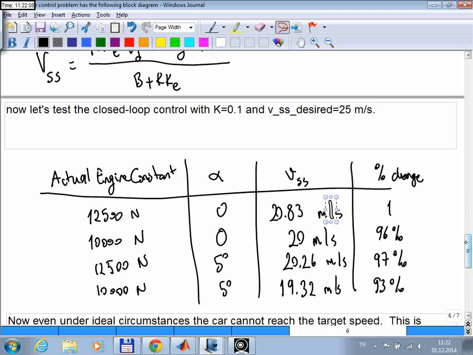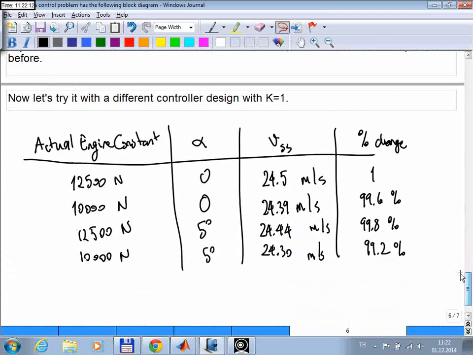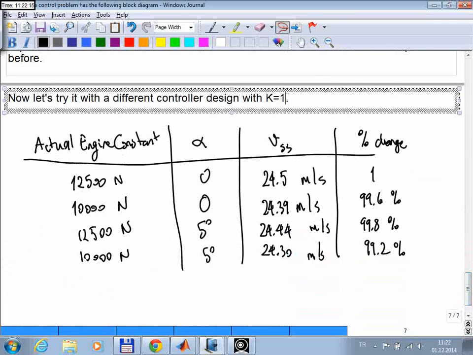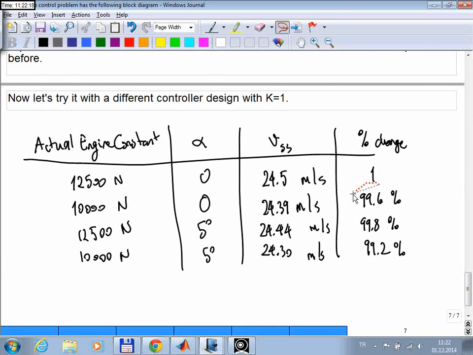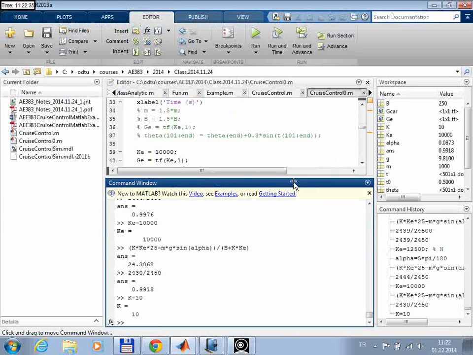Okay, so we started with a gain of 0.1, and then we tried 1, and obviously a value of 1 works much better, right? These numbers are very, very close to the original number, and the ideal case number is very close to the actual speed. And if you increase it even more, let me just quickly show that too. Instead of 1, if you choose 10, for example, let's just try the worst case.